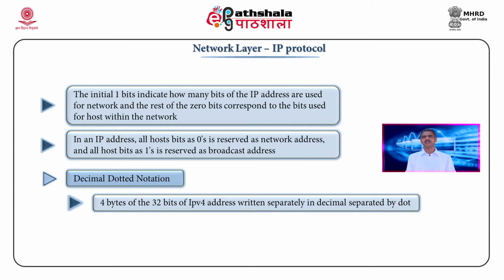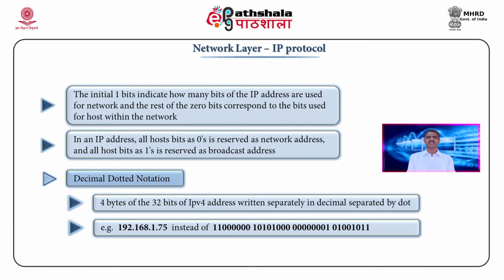A common IP address which we may find, used mainly for intranet addresses, would be something like 192.168.1.75. Here, 192 is the first byte of my 4-byte IP address, 168 the second byte, the third byte is 1 and the fourth byte is 75. So that way we get the full 32-bit IP address.